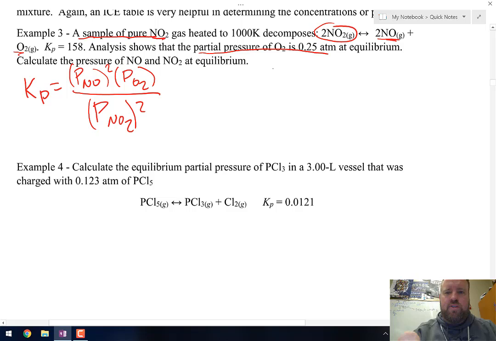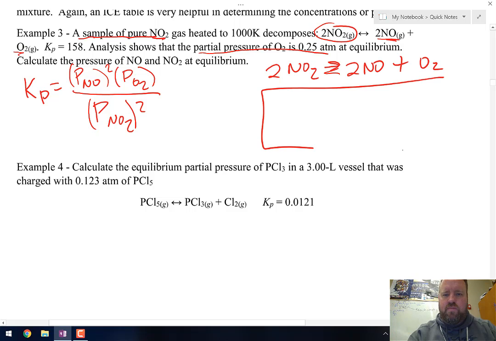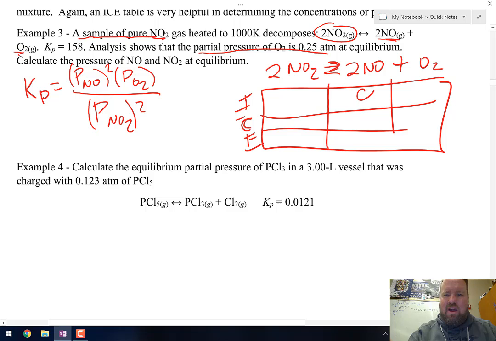So if we go ahead and make an ICE table here, 2 NO2 in equilibrium with 2 NO plus O2, we know that initially there wasn't any NO or O2. And it says a sample. They don't even tell us how much NO2 we started with. So we can't really do anything there. That's kind of a question mark that we actually don't even really care about.